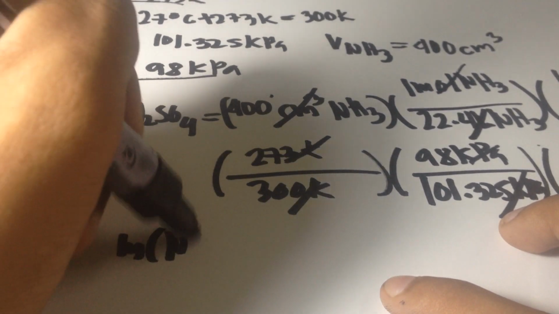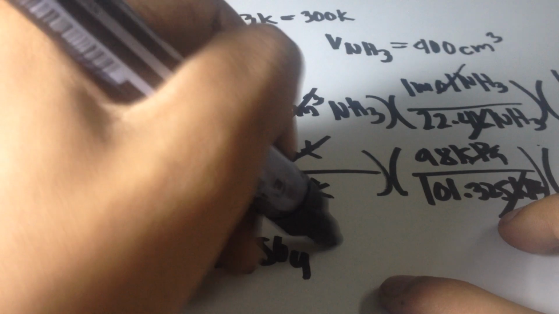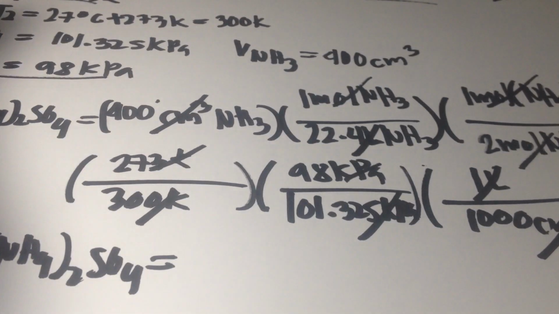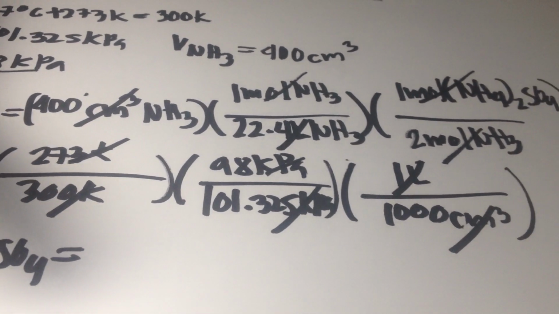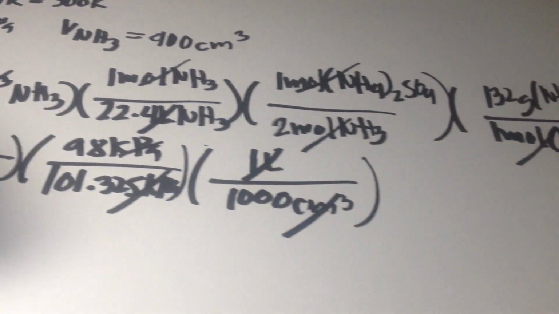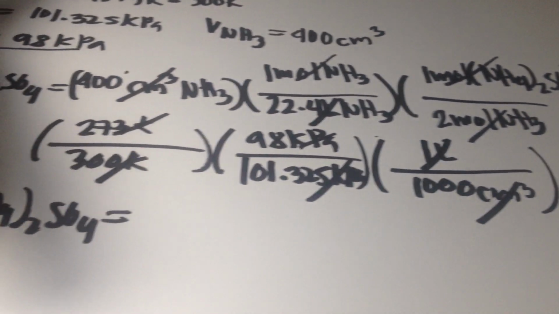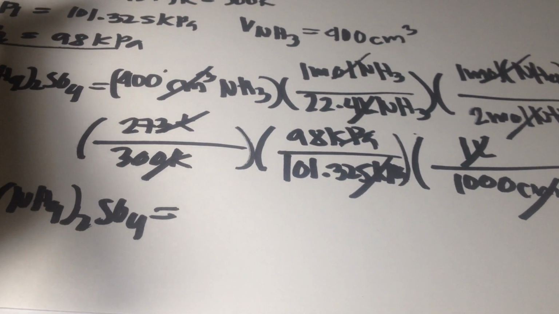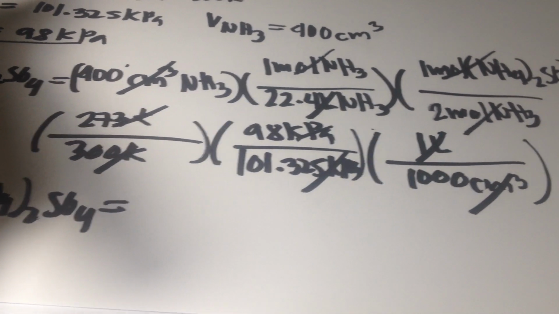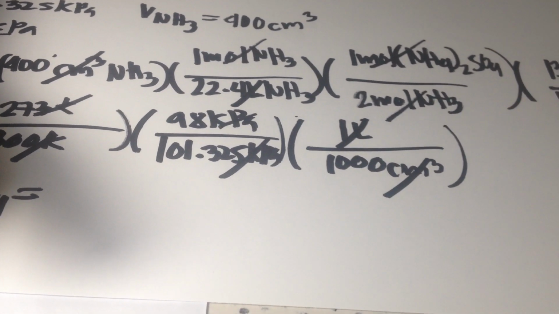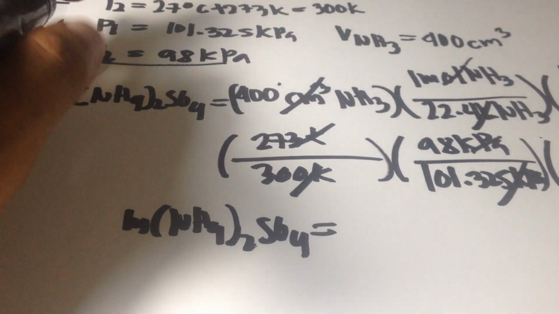So the mass of ammonium sulfate is equal to 400 divided by 22.4 times 1/2 times 132 grams times 273 divided by 300 times 98 divided by 101.325 times 1 over 1000 is equal to 1.04 grams of ammonium sulfate.